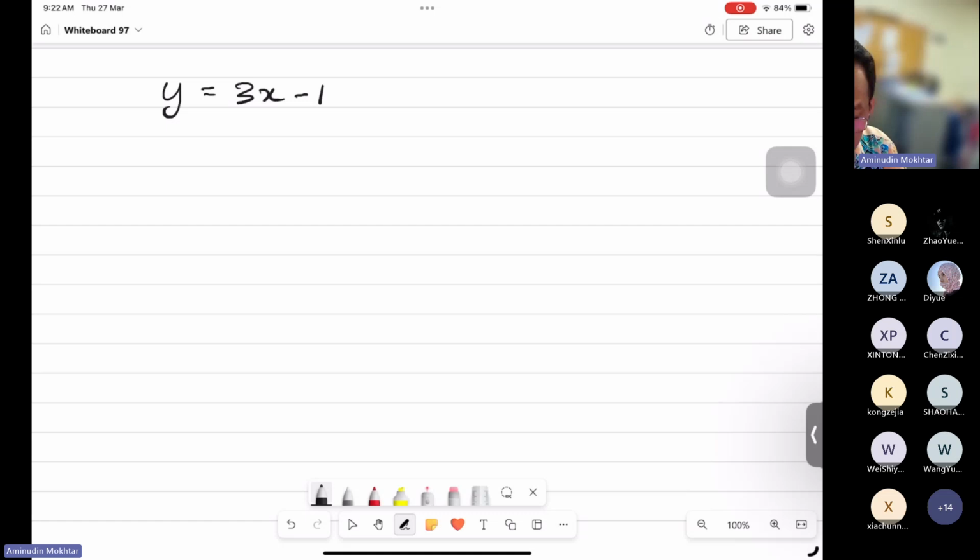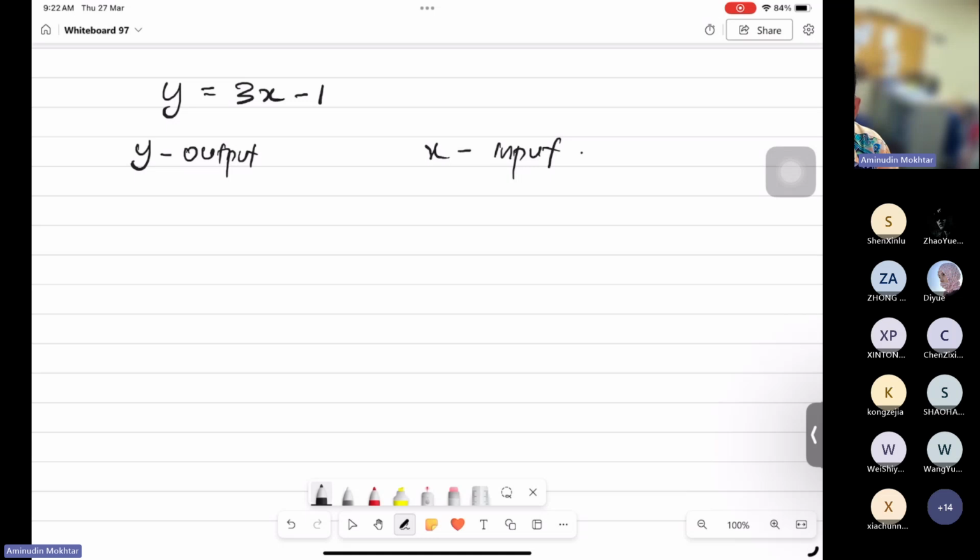We know y is the output and x is the input. Now I want to relate this with domain and range.